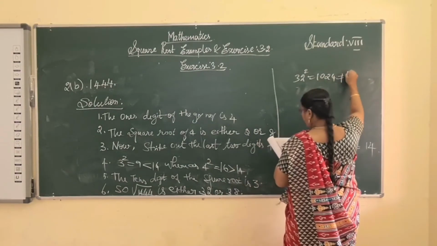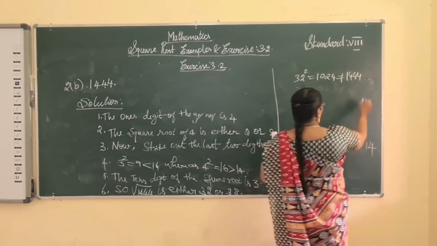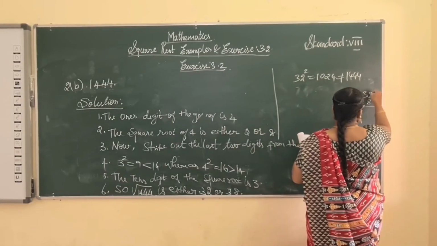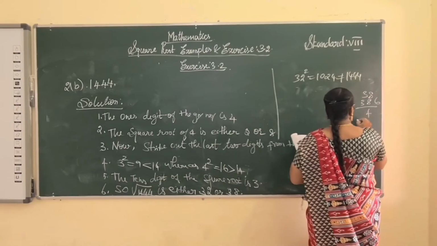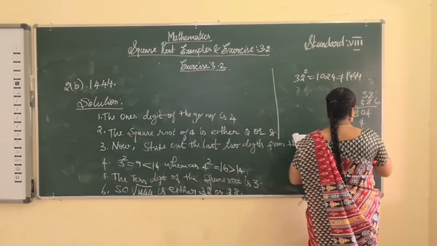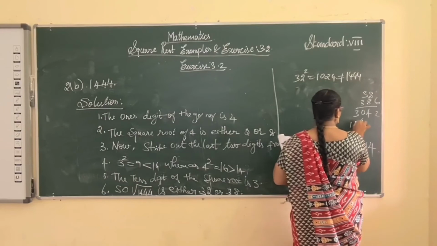It's not equal to 1444. So now check 38. 8 8s are 64. 24 plus 6, 30. 3 3s are 9. 9 plus 2, 11.